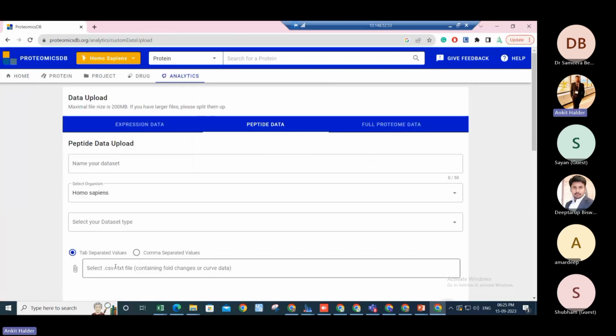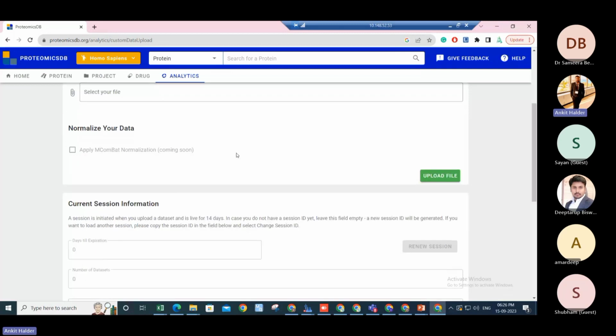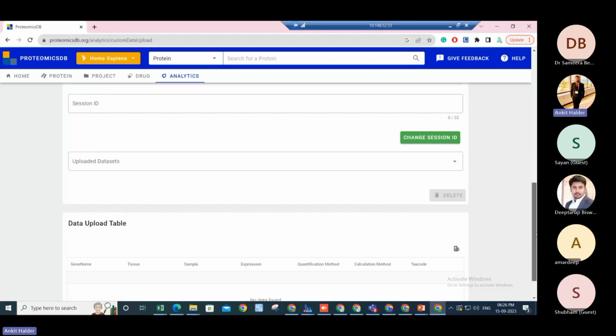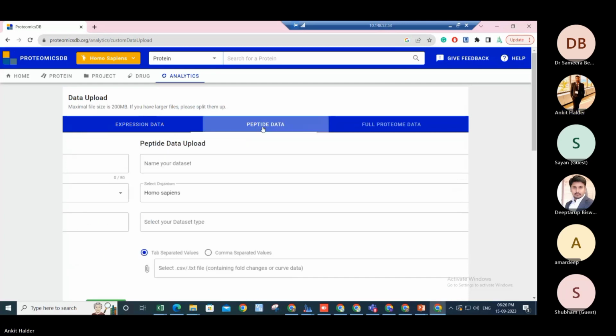You can have CSV files and expression data. Whatever we showed in MetaboAnalyst or other tools, you can do here also, but access is limited, so mostly you can identify and visualize the data.